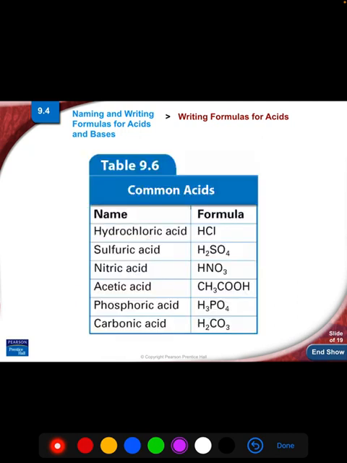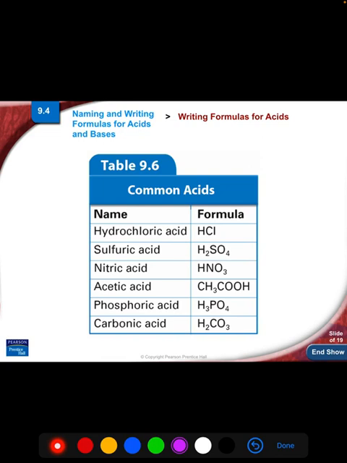Here are some common laboratory acids. We use them all. Hydrochloric, that's rule number 1. Sulfuric acid, nitric acid are very common. That's the ate anion becoming the ic acid. Acetic acid is an organic acid.